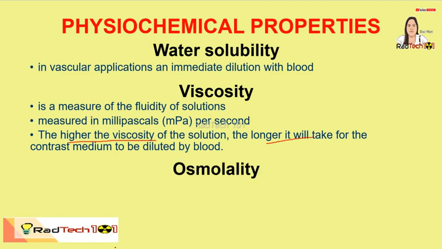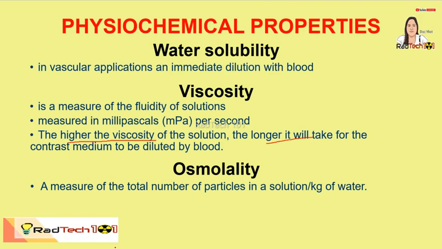Another term is osmolality. It is a measure of the total number of particles in a solution per kilogram of water. So we have the terms low osmolality contrast agents and high osmolality contrast agents, especially for our iodinated contrast agents.